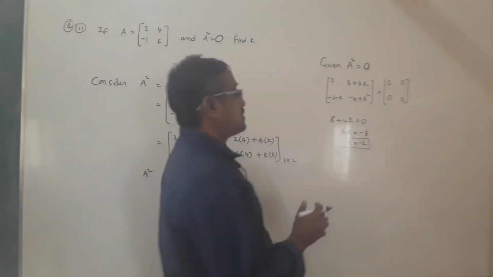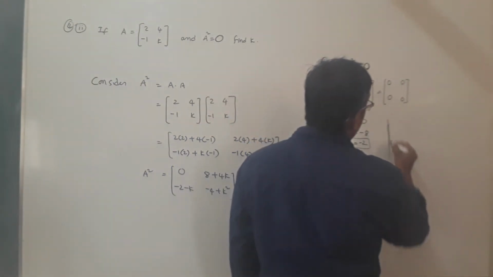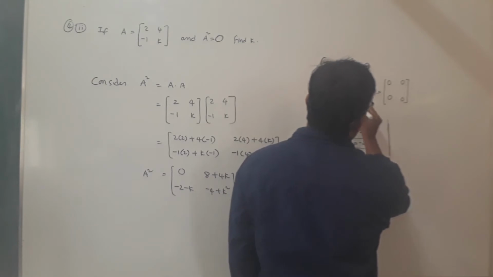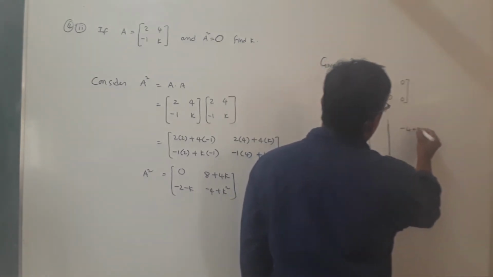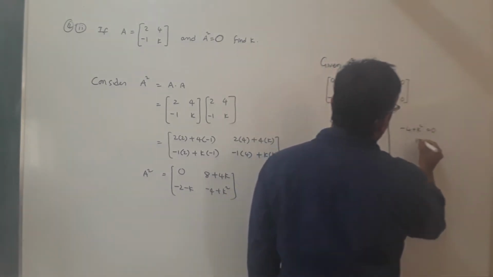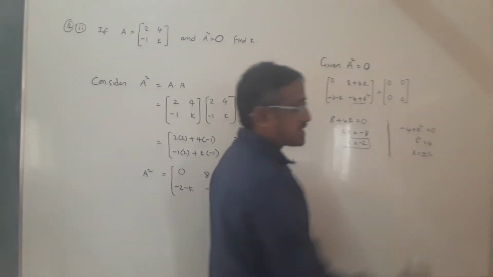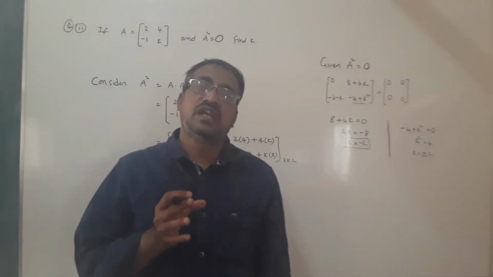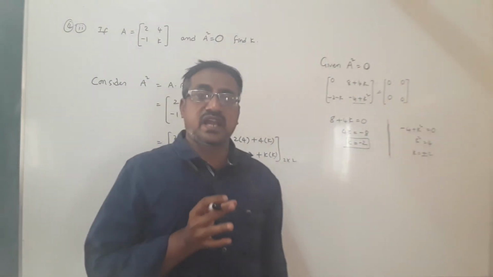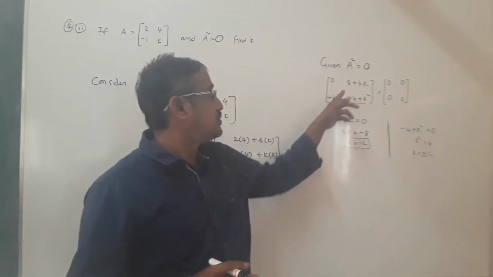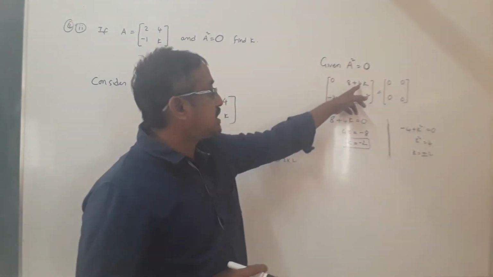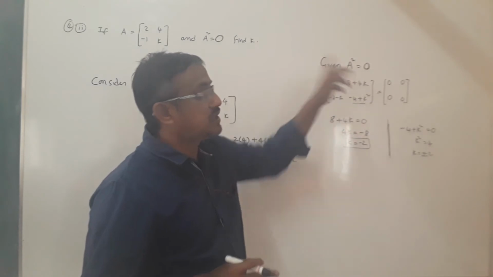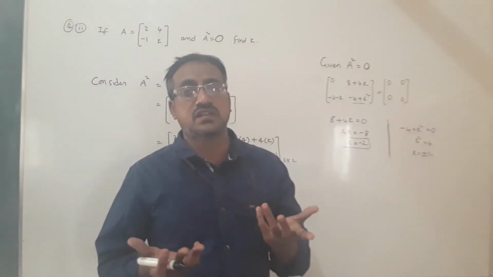Now you will have a doubt. If you equate this term, that is minus 4 plus k square is equal to 0, k square is equal to 4, k is equal to plus or minus 2. But if you take the value of k as 2 here, 8 plus 4 into 2, that will be 16.